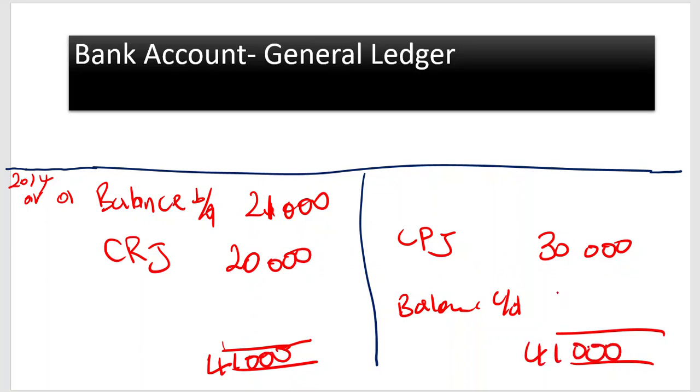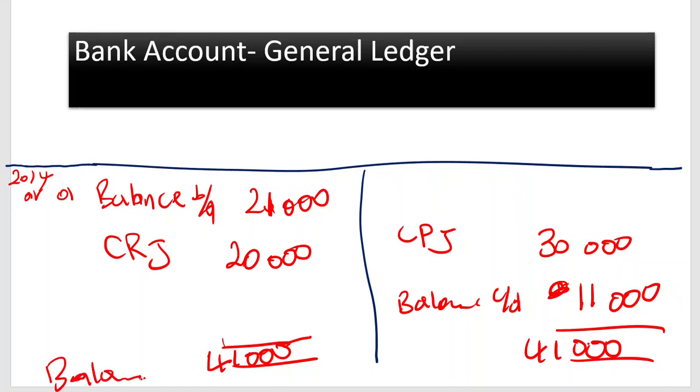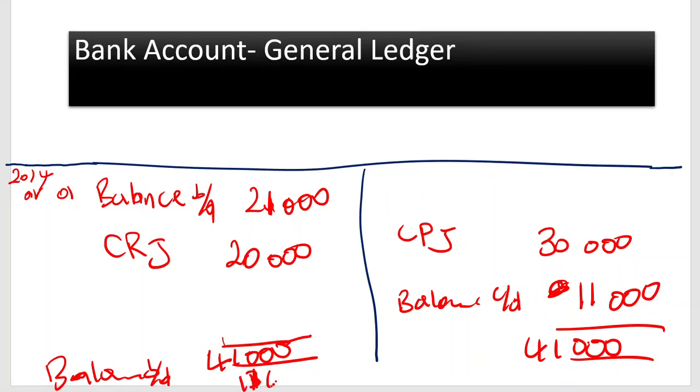Minus that by that, it's going to be 11,000 rand. This is the balance carried down. Therefore, you close this balance brought down by 11,000 rand.